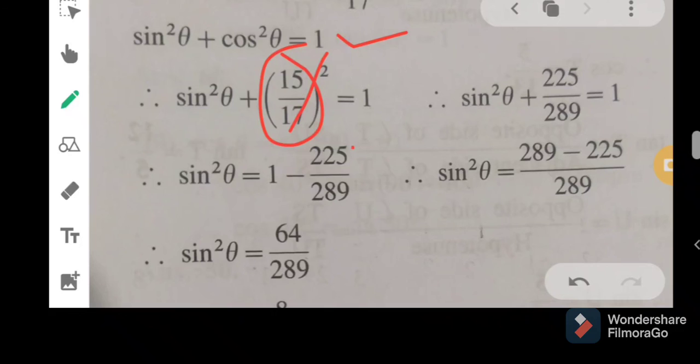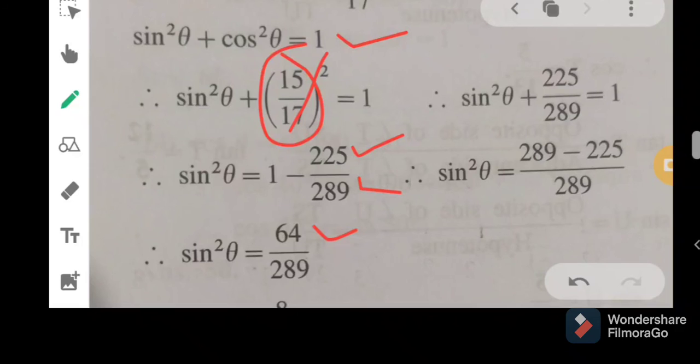Square of 15 is 225, square of 17 is 289. It becomes minus. So sin square theta plus 225 upon 289 equals 1. Sin square theta equals 289 minus 225 divided by 289. 289 minus 225 is 64 upon 289.